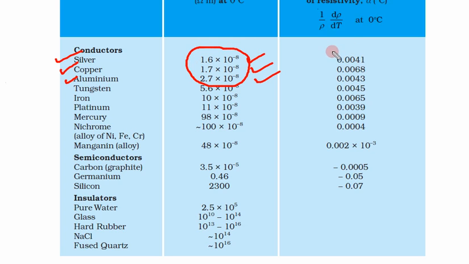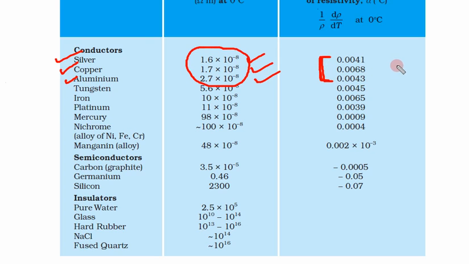If you see the temperature coefficient of resistivity, all these numbers are positive. I am currently discussing these three materials, but the same holds true for other materials. So here you see these are all positive numbers.